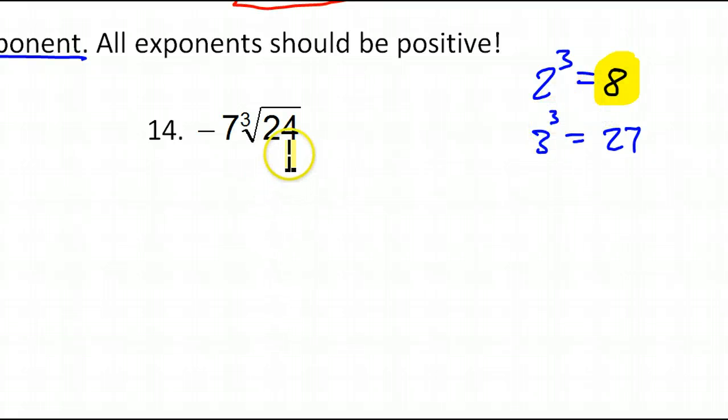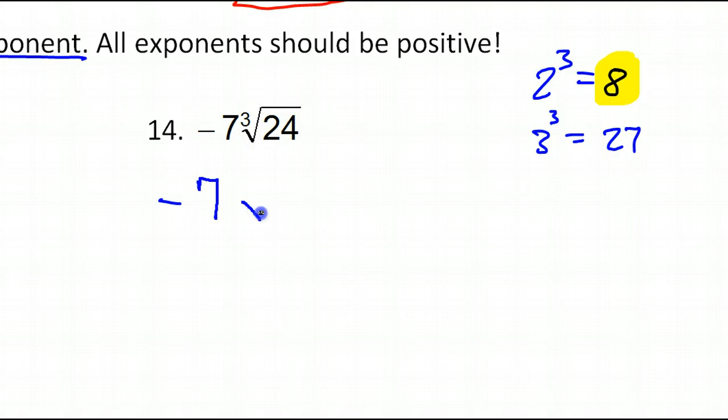Does 8 go evenly into 24? Well, hopefully you know your multiplication facts. And if you do, you know that 24 is 8 times 3. So I have my -7, so I'm just bringing that down.